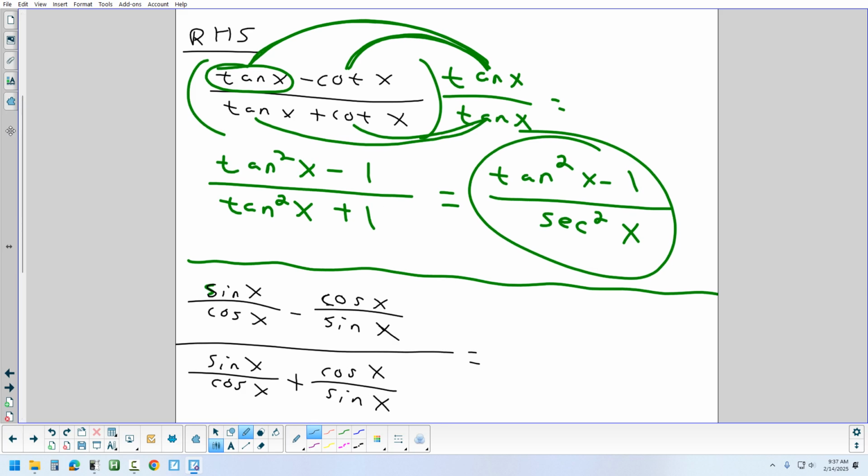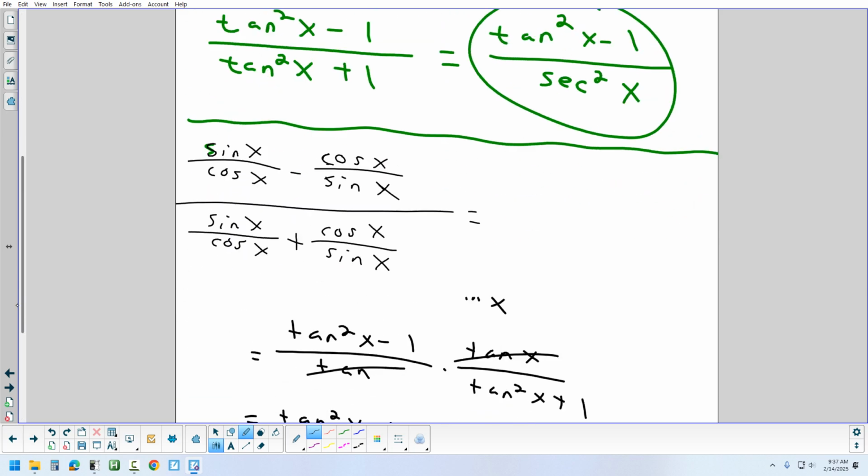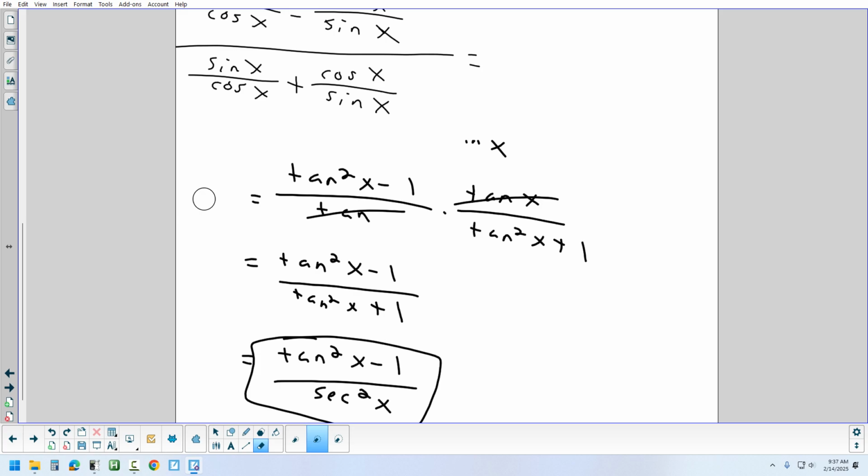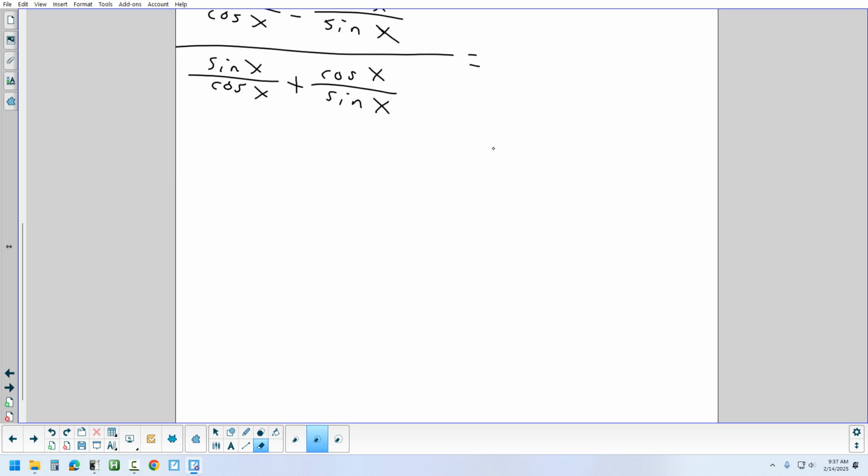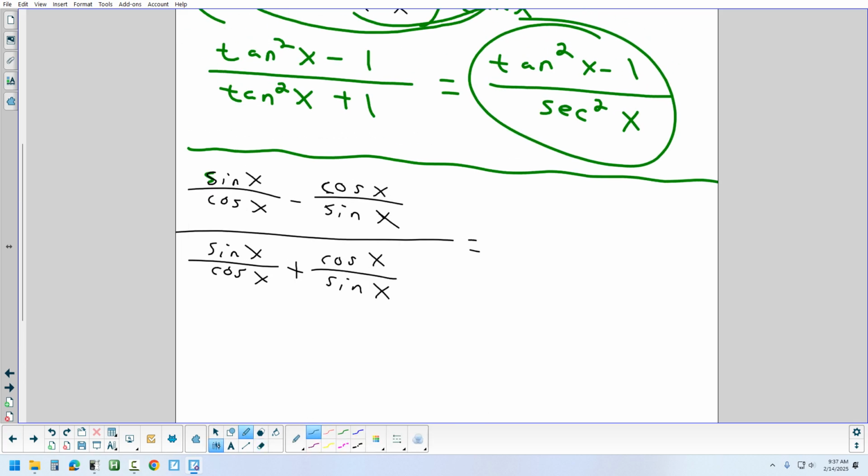Find common denominators. Yeah, let's find common denominators in the top and the bottom. What's going to be the common denominator in the top? Cosine times sine. Okay, so we're going to have sine times cosine.